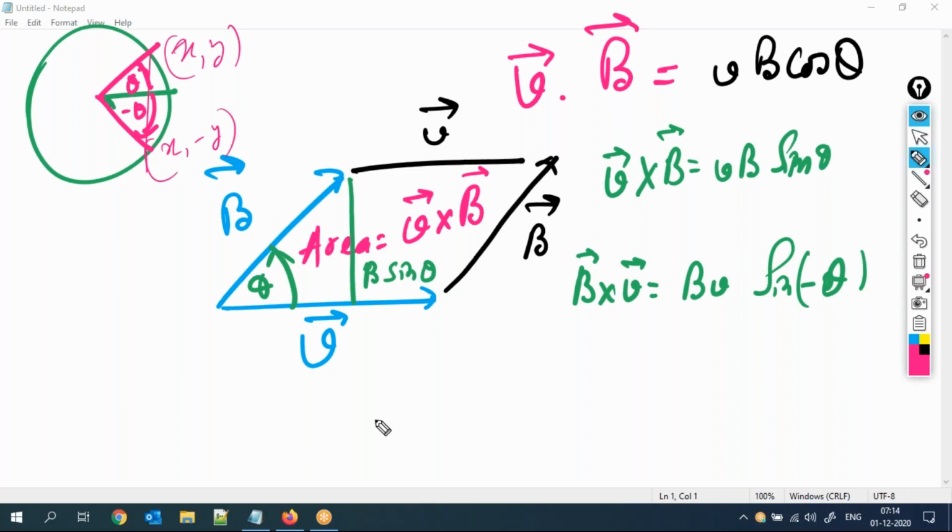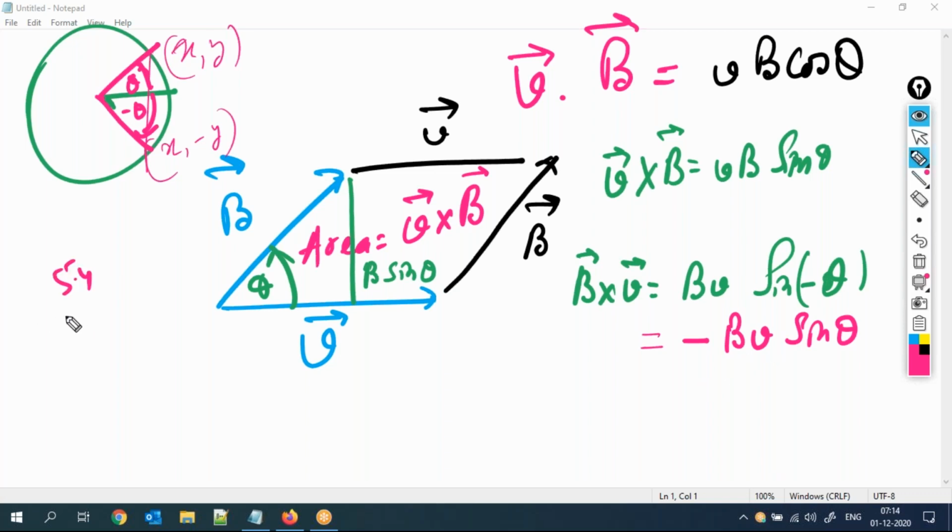So which is sin theta, x or y? Y is sin theta. So what happens? This becomes minus B V sin theta.